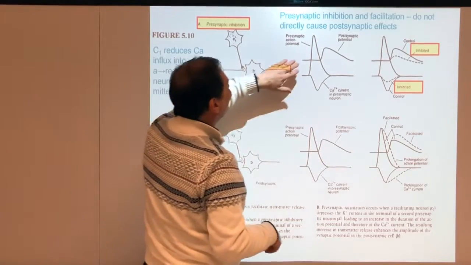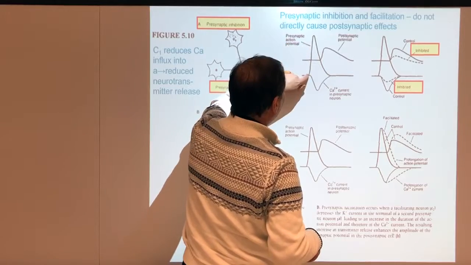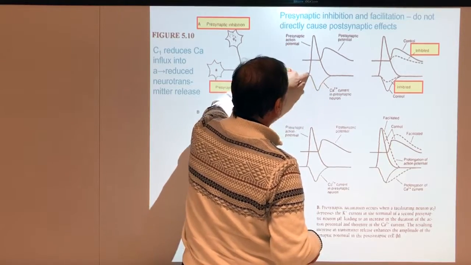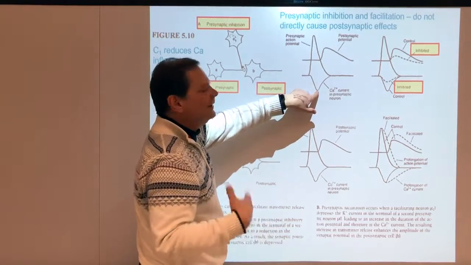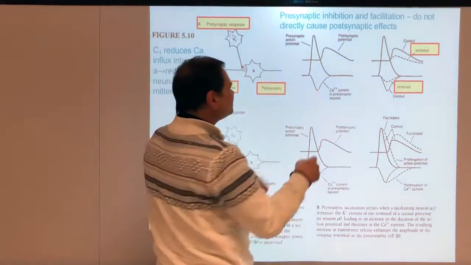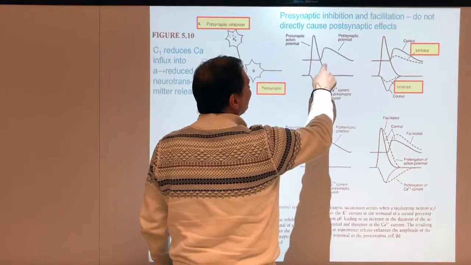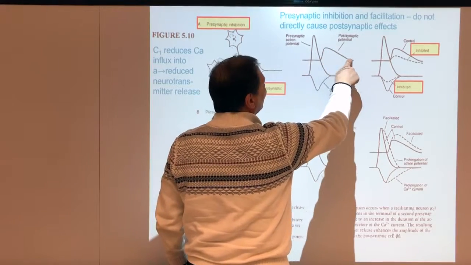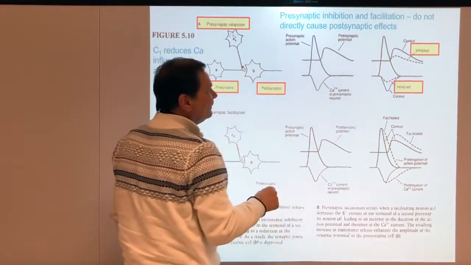So you can see that here. This is the presynaptic membrane and the action potential in that, and this is the calcium influx. Now note this is a downward deflection because it's considered to be an inward current. Calcium coming in. The calcium coming in causes neurotransmitter release, which causes an increase in the voltage in the postsynaptic membrane here.